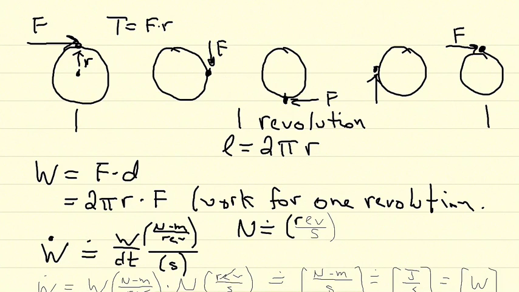Okay, so if I start to piece this together, I'm not quite done just yet. What I have is that my work W dot is equal to W times n. And if we remember what W is, W is 2 pi times the radius times the force, and then we have this n that's also in here.